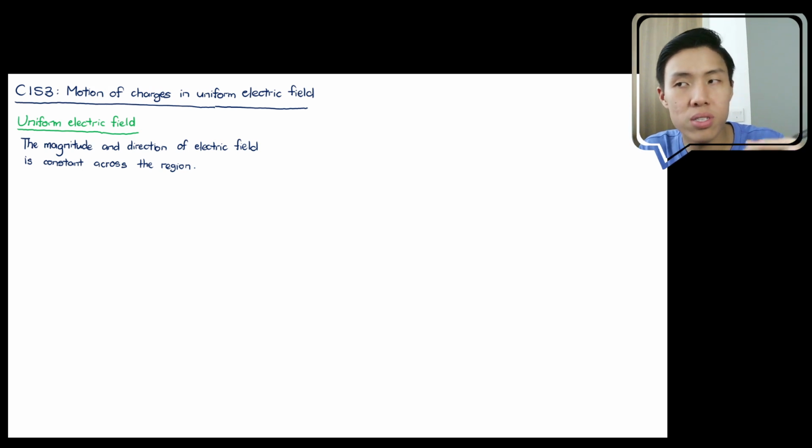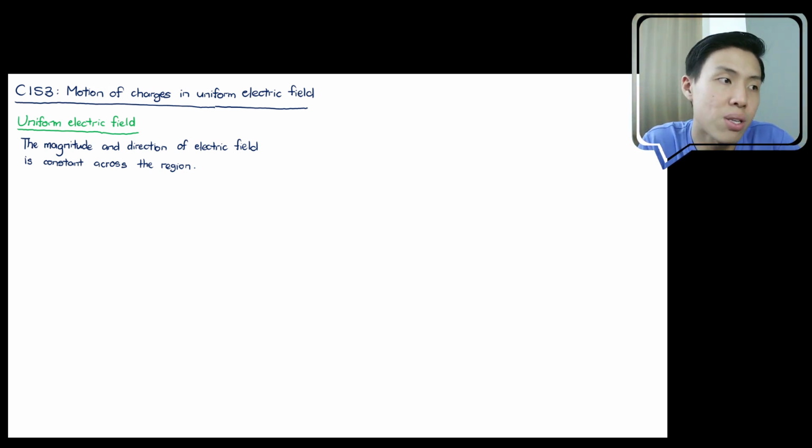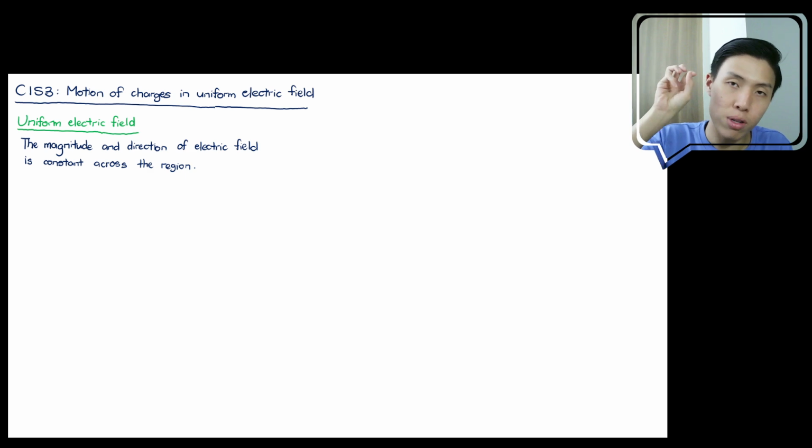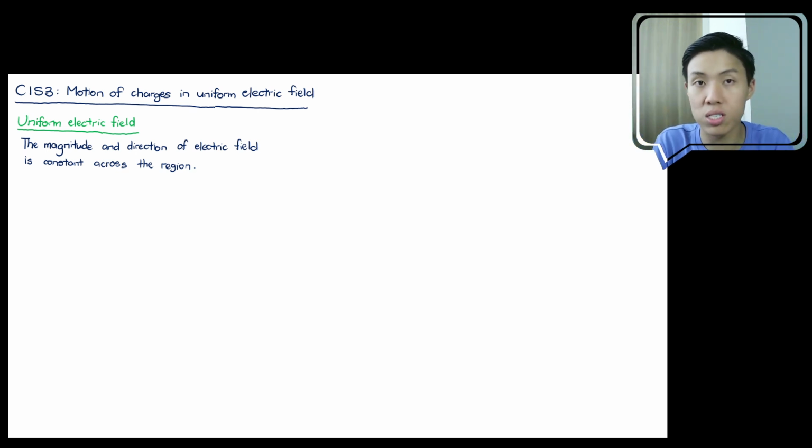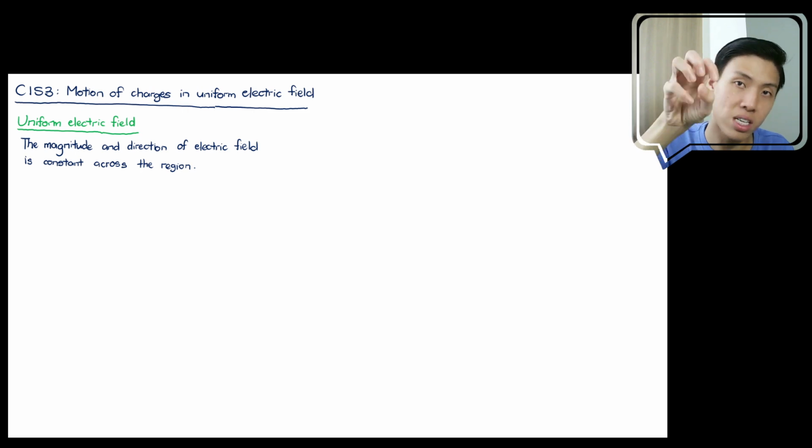So we're going to start by discussing how we actually make this kind of field happen. How do you make an electric field that is uniform across the region? We know that if we put a point charge, there will be an electric field around the point charge. That is what we have learned in the previous two sections. We know that the electric field goes by kq over r squared for a single point charge.